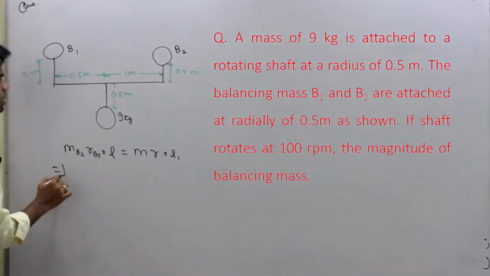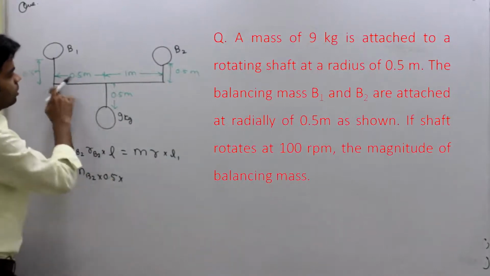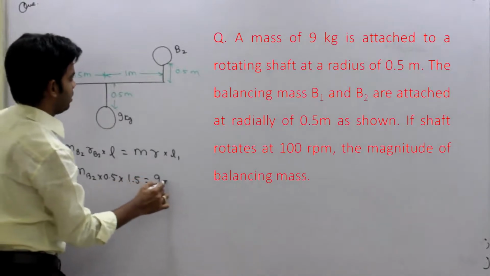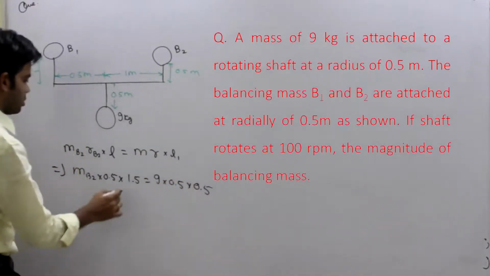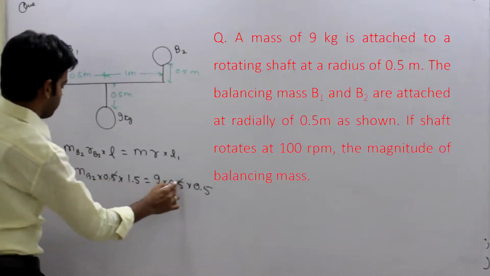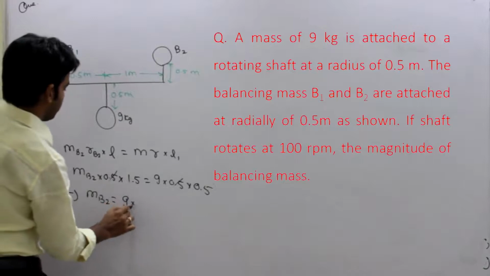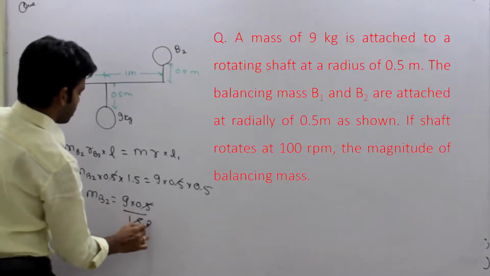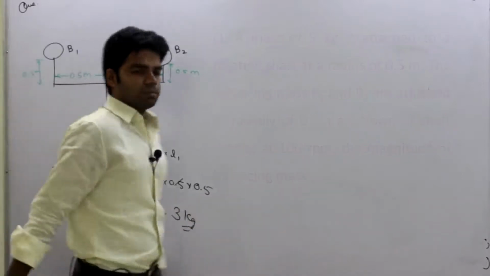Or you can say MB2 into 0.5 into total distance L, which is 1.5 meter, is equal to 9 into 0.5 into L1, which is 0.5. This 0.5 gets cancelled out, and from here MB2 is equal to 9 into 0.5 divided by 1.5. This is 3 times, so this will be equal to 3 kg. That's it, answer. Clear or no?